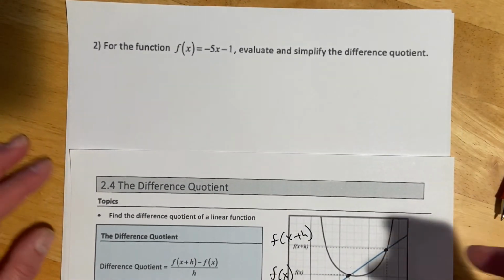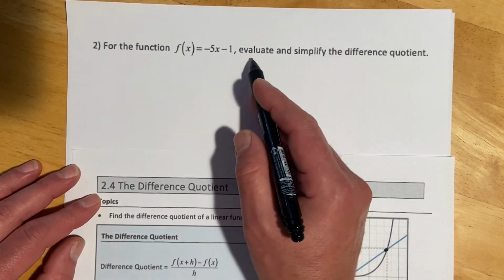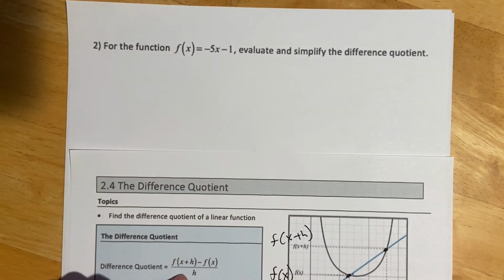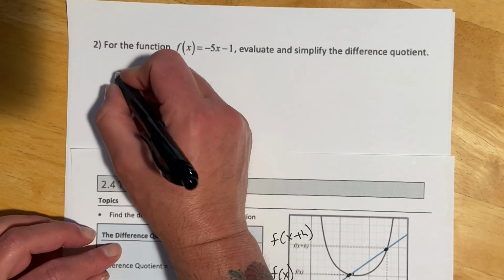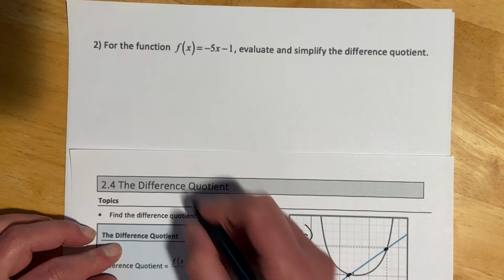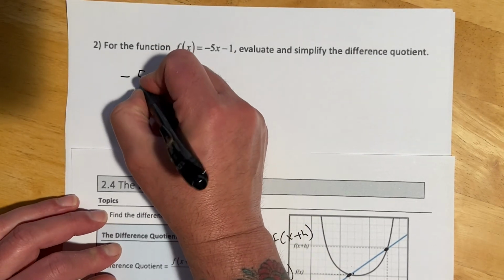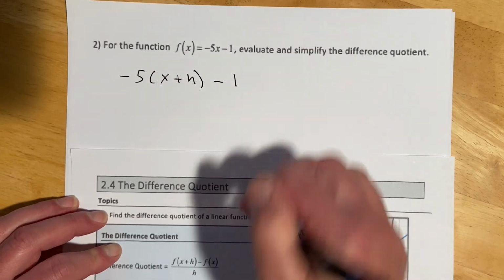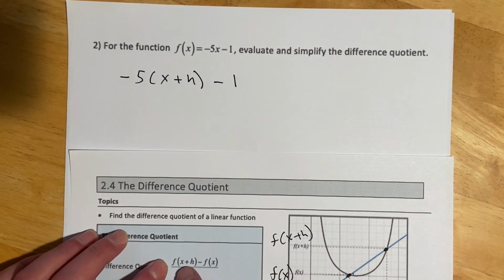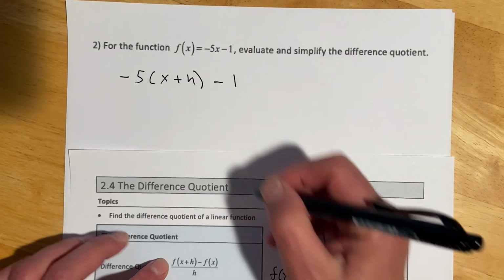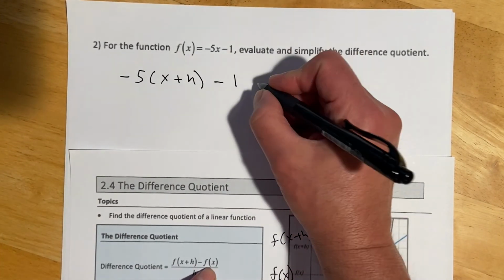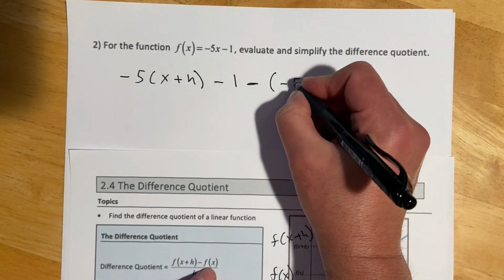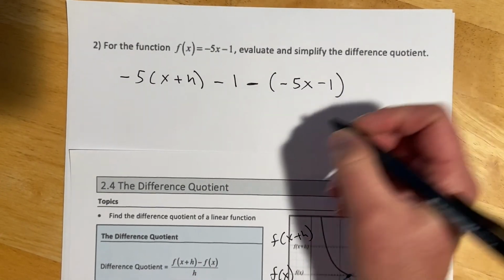Okay, for this one, we're asked, given this function, to evaluate and simplify the difference quotient. So here's our difference quotient. We want to find f of x plus h first. That's going to be negative 5 times x plus h, minus 1. So that is f of x plus h. Next we subtract f of x, which is just the original function, so minus, and that all-important parenthesis, negative 5x minus 1, and close that.